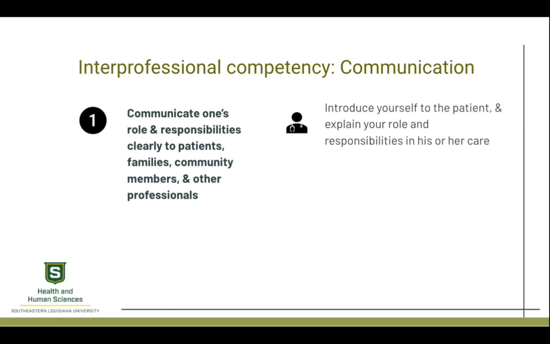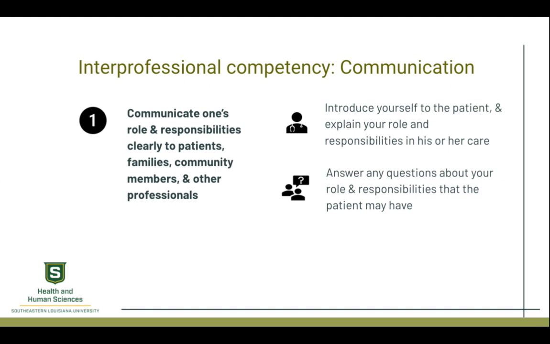To do that, you need to introduce yourself and explain what your role is in the care or in the program as need be, and you need to answer any questions people may have regarding your roles and responsibility.